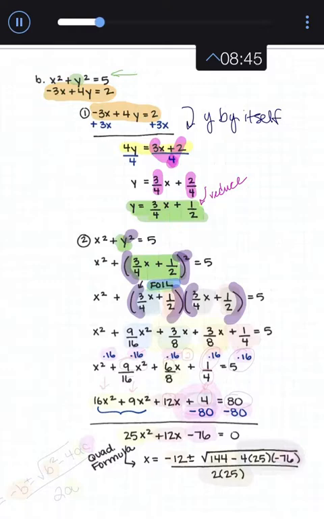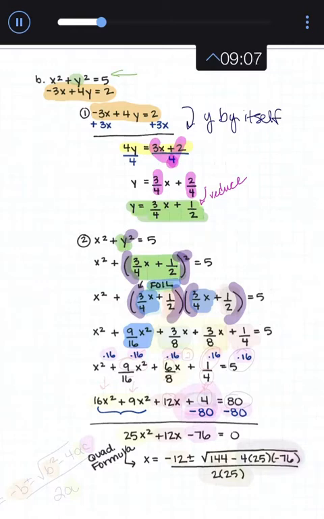The first part of FOIL has us multiplying the 3/4 x times a 3/4 x, which gets us 9/16 x squared. Because you'll multiply the tops of the fractions and the bottoms of the fractions, and then x times x will just get you x squared.